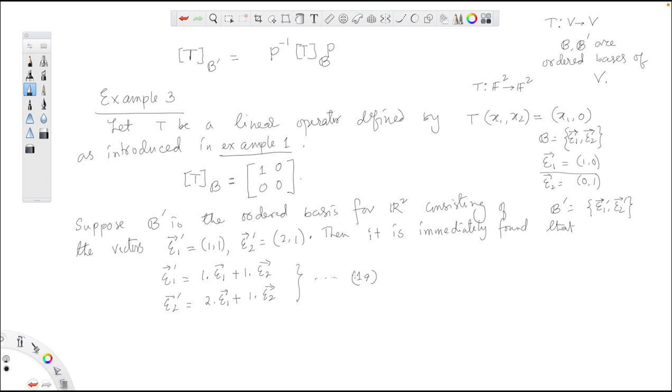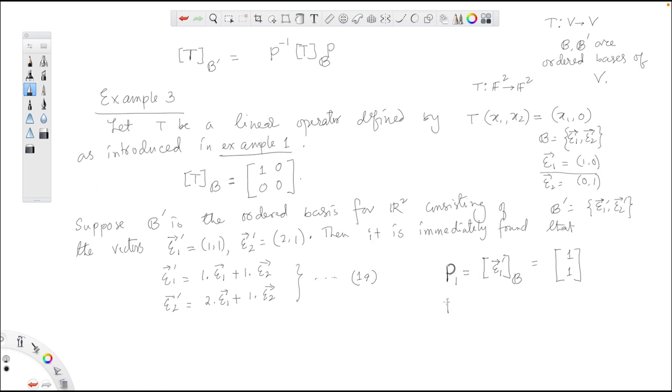Now what is going to be the first column of the matrix P? P is going to be a 2 times 2 matrix. According to what we have studied before, P1 is the coordinate matrix of epsilon 1 prime in the basis B, which is (1, 1).